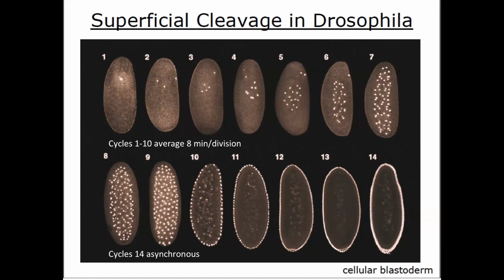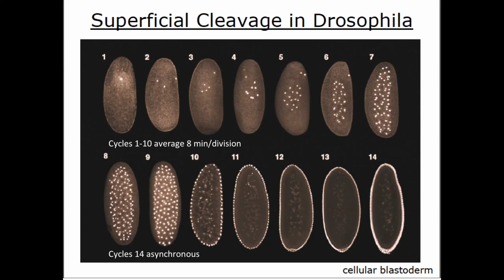There have been experiments with haploid Drosophila embryos, which have half the quantity of chromatin. If you reduce the quantity of chromatin, what was observed is that the divisions take much longer.